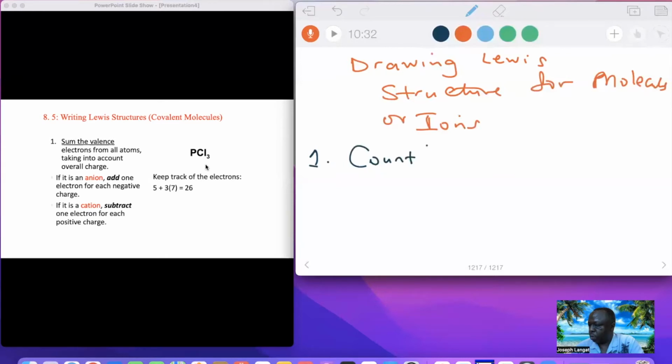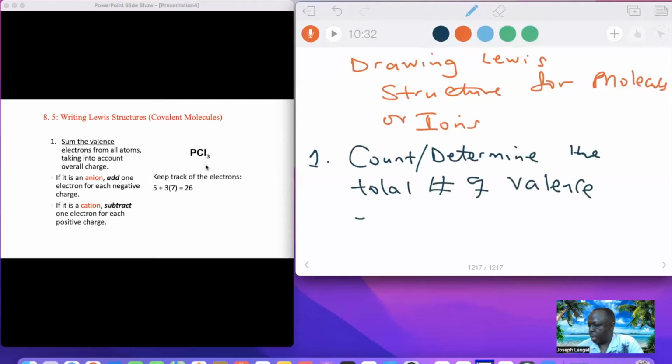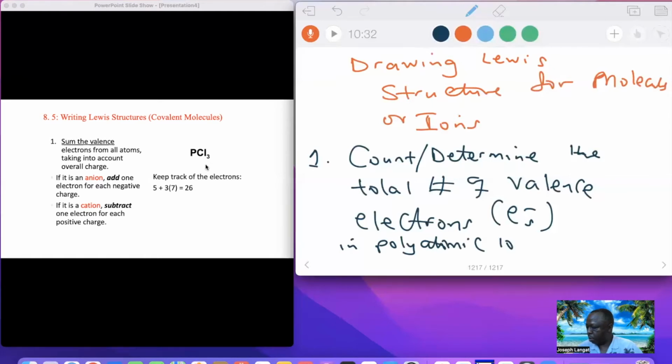Count or determine the total number of valence electrons in the polyatomic ion or molecule.